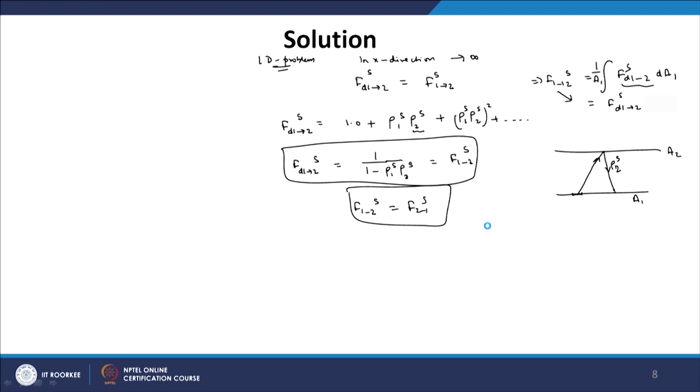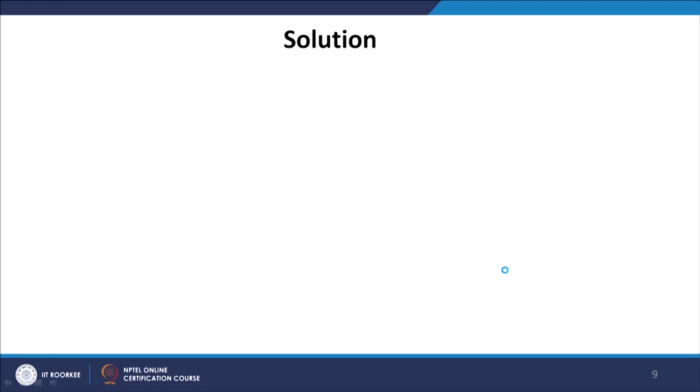Now, one thing that you should observe here is, for a special case, let us say rho 1 s is equal to rho 2 s is equal to 0.5. For this the view factor F1 to 2 specular will be equal to 1 over 1 minus 0.5 into 0.5, which is 1 upon 0.75.